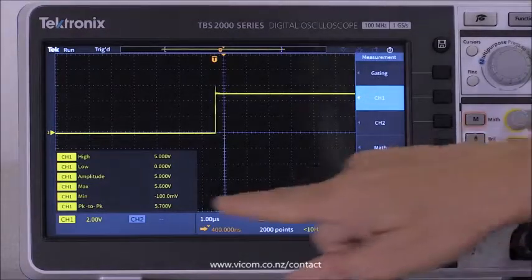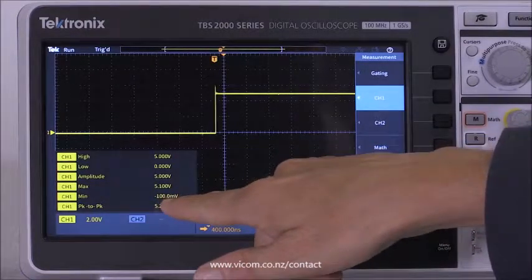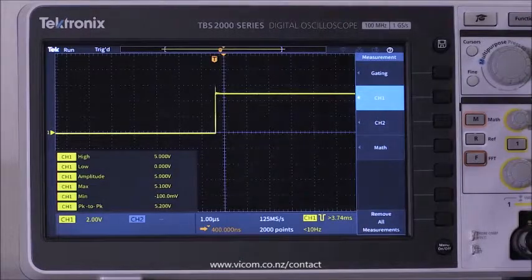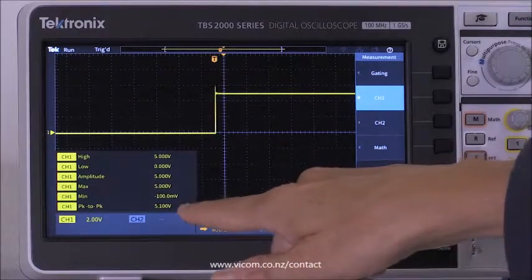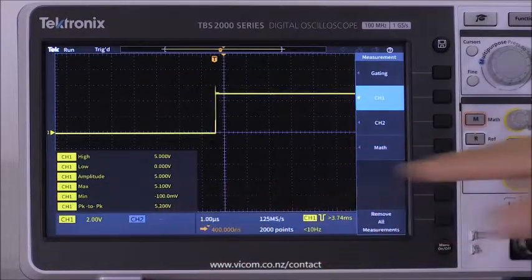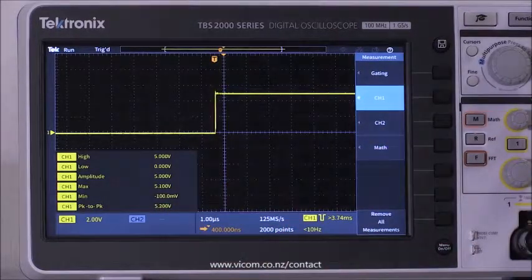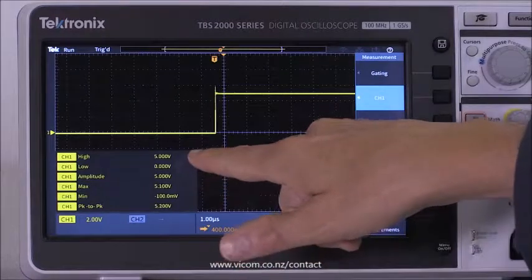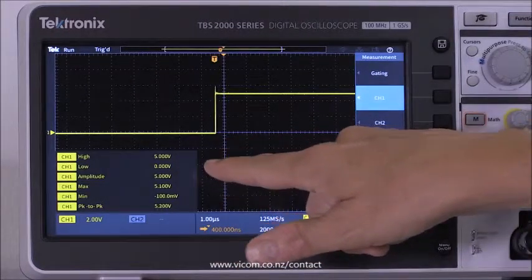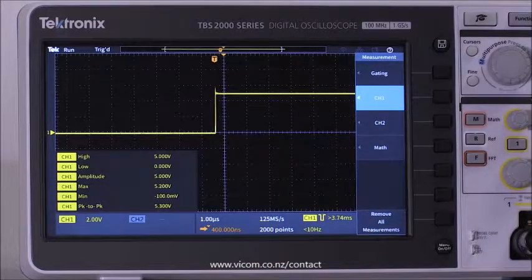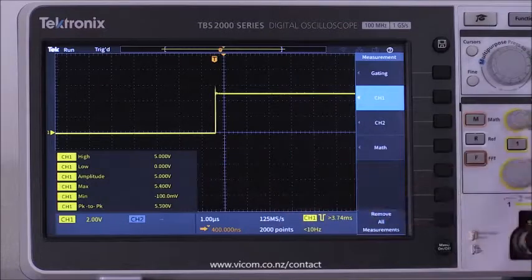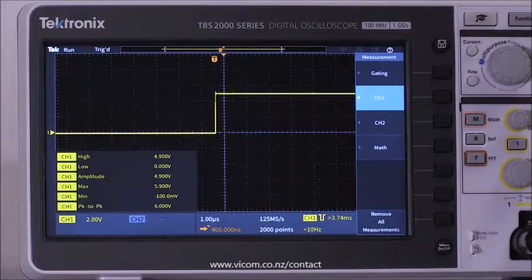The min is about minus 100 millivolts. So the peak to peak, which is the difference between those, is close to 6 volts. The high, on the other hand, is about 5 volts, and the low is 0 volts. The difference between those two measurements is called amplitude, and we see that that's running at about 5 volts.